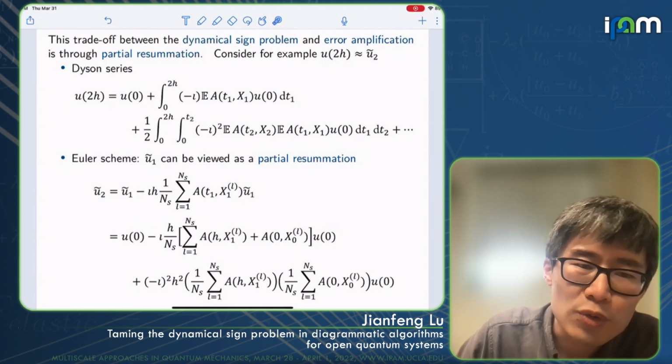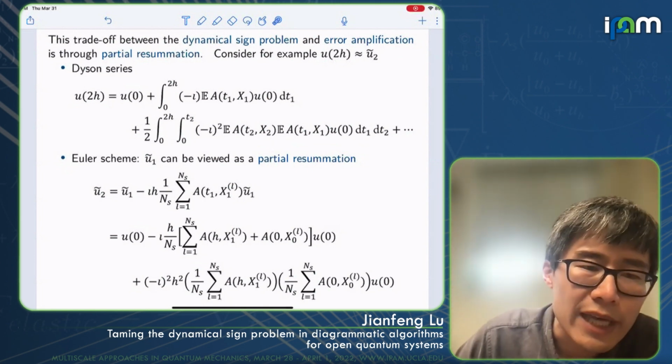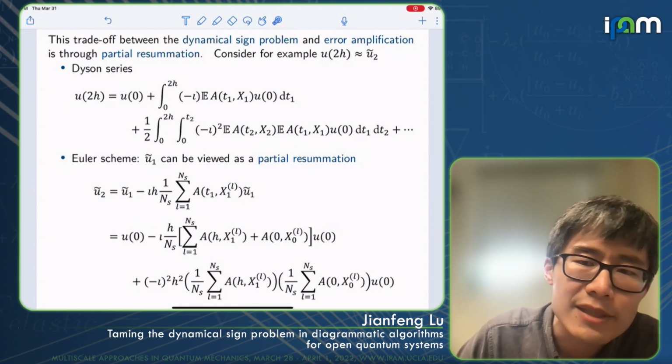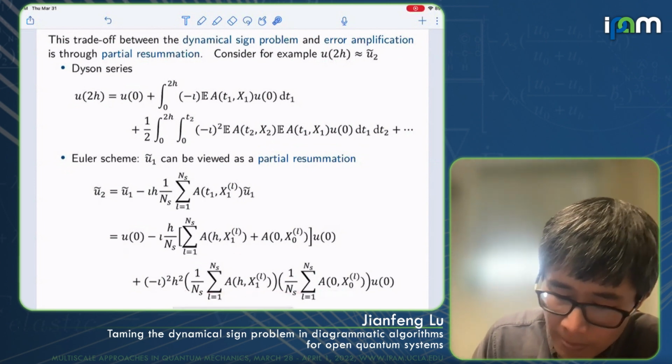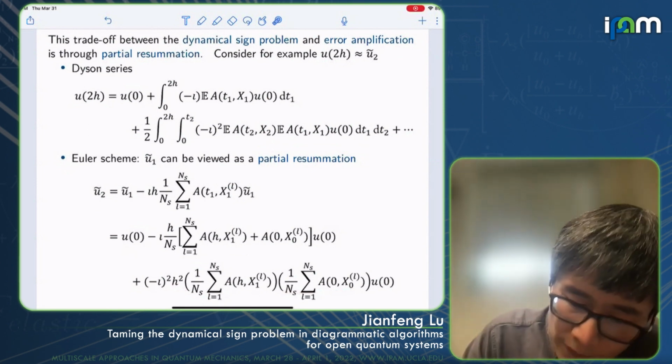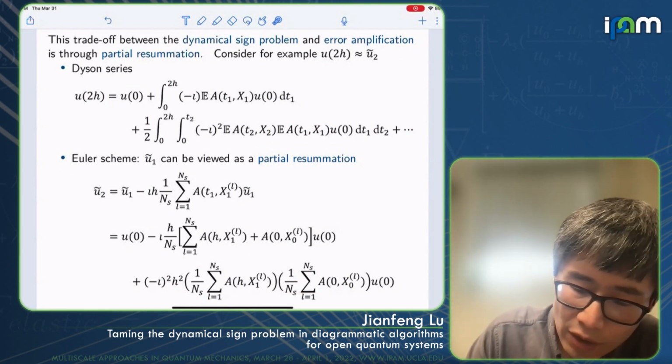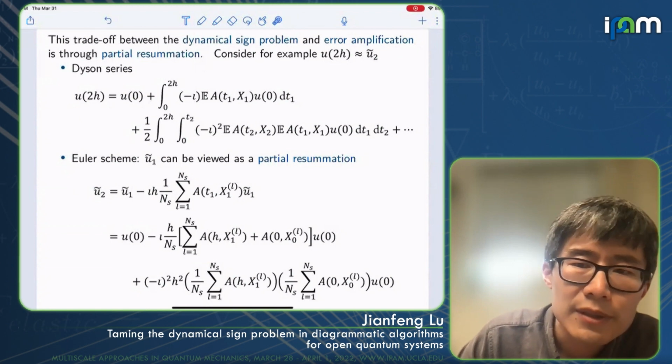Now you also carry out the calculation in the Euler scheme to see what happens at the second time step. You get a very similar formula, except that if you think about it the Dyson way, all these things will be independently sampled.